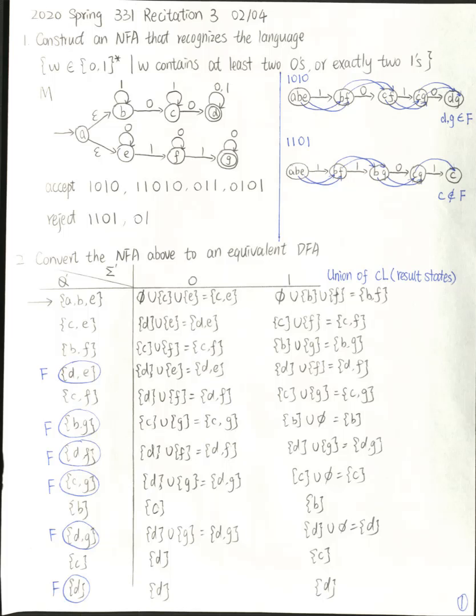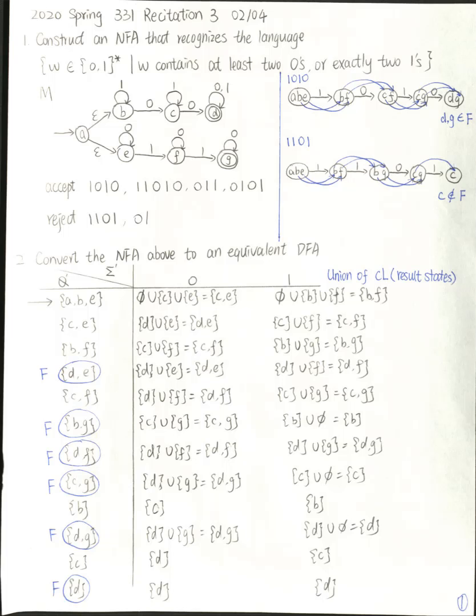And from E, I can reach F. So the resulting states are B and F. Now we take the closure of B and F. Since there's no epsilon transitions out of this B and F, the closure of B and F is just B and F. Alright, we have finished the first row, the first transitions for state ABE. We reach the states CE and the state BF.